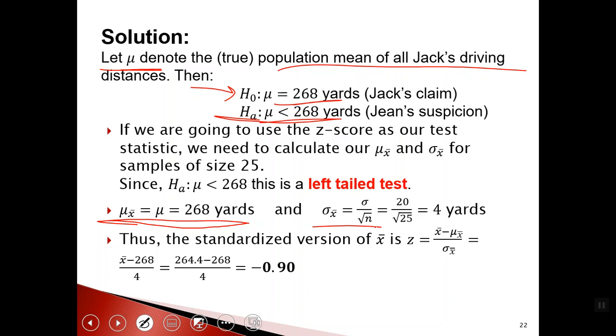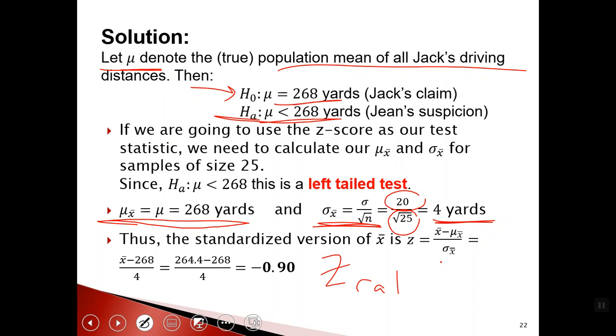You have seen this equation, sigma x bar equals sigma over square root of n. You know sigma is 20, you know n is 25, so you can calculate sigma x bar. Then we can calculate our test statistic. Do you remember z-cal? Last time they gave those values, but now we need to calculate this z-cal value.